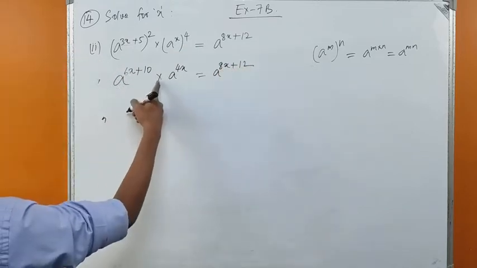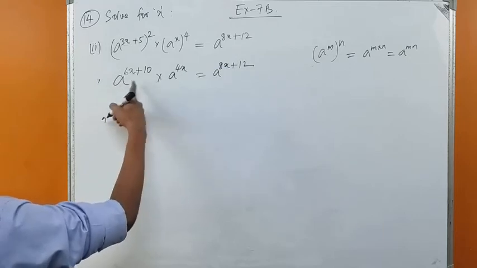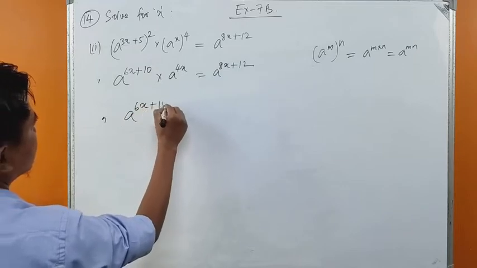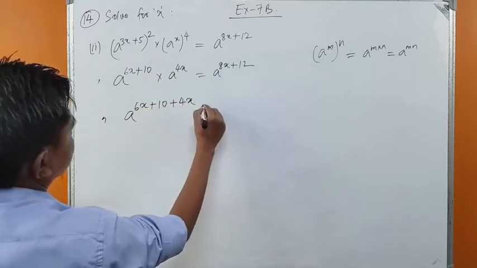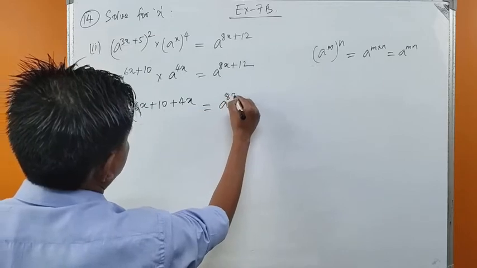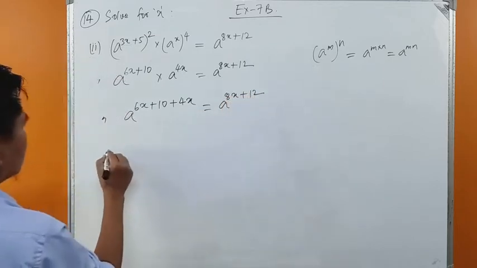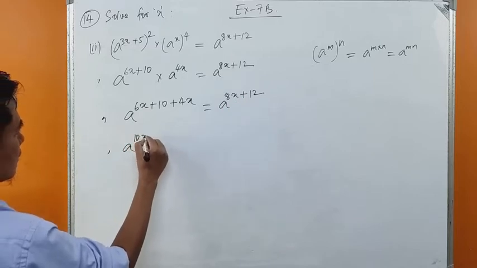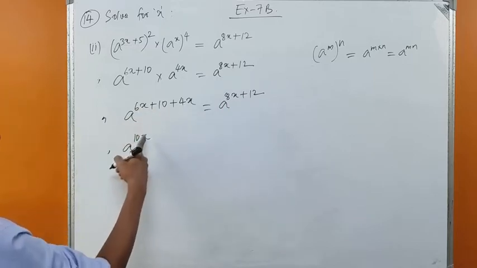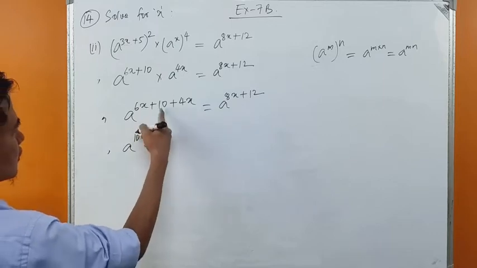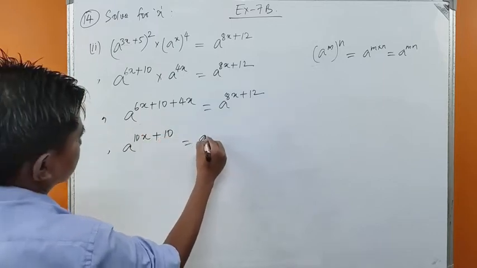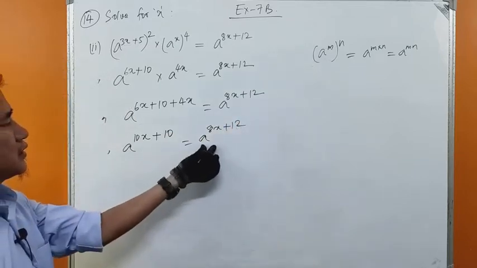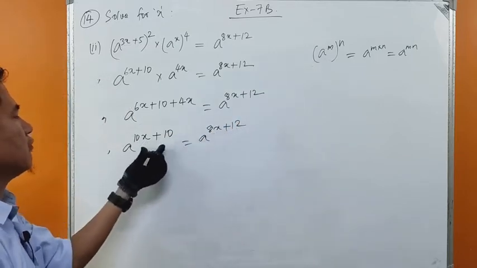Same base and there is a multiplication sign between them, that means we must add the powers. a to the power 6x plus 10 plus 4x equals a to the power 8x plus 12. 6x plus 4x is 10x, plus 10, equals a to the power 8x plus 12. You see, a and a, same base, that means their powers should be equal.